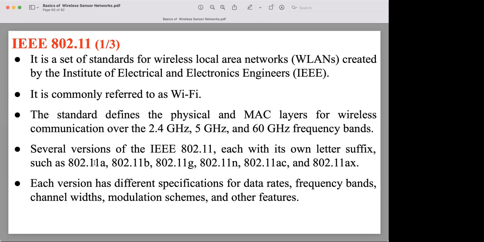So A uses a different frequency band, B uses a different frequency band. If you use a different data rate or frequency band, you can use a different A, B, G, or AC.